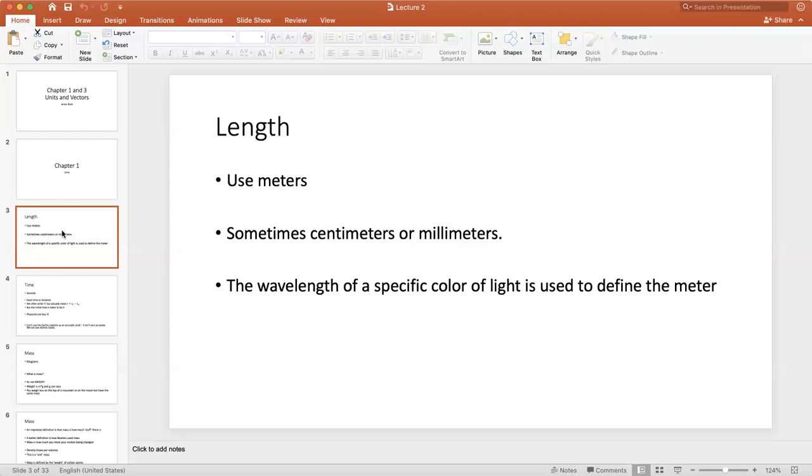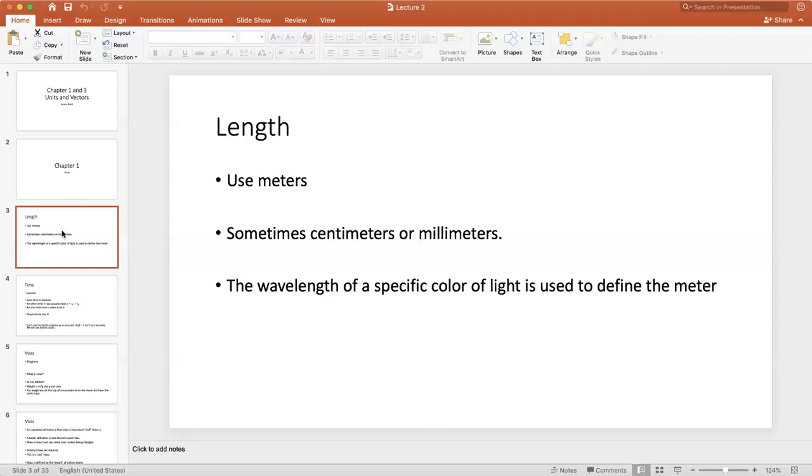In the old days, they used to measure a meter as a specific block. They had a specific block that was a specific length. And obviously over time that would wear down or could change with temperature, whatever. So now we use the wavelength of a specific color of visible light. I don't remember what that is. I think it's some kind of red light.